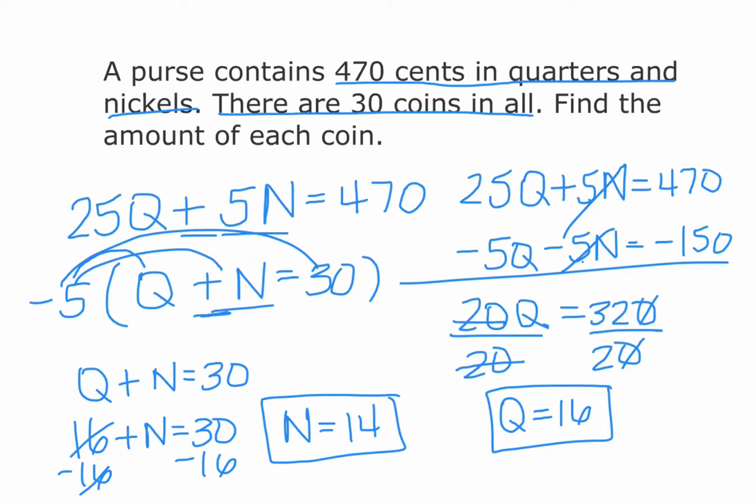I attempted to do the substitution. Where I messed up is when it was time to do the elimination process. I didn't use the 5n, nor did I use the 25q. I just tried to subtract the 30 from the 470, or subtract 470 from 30.